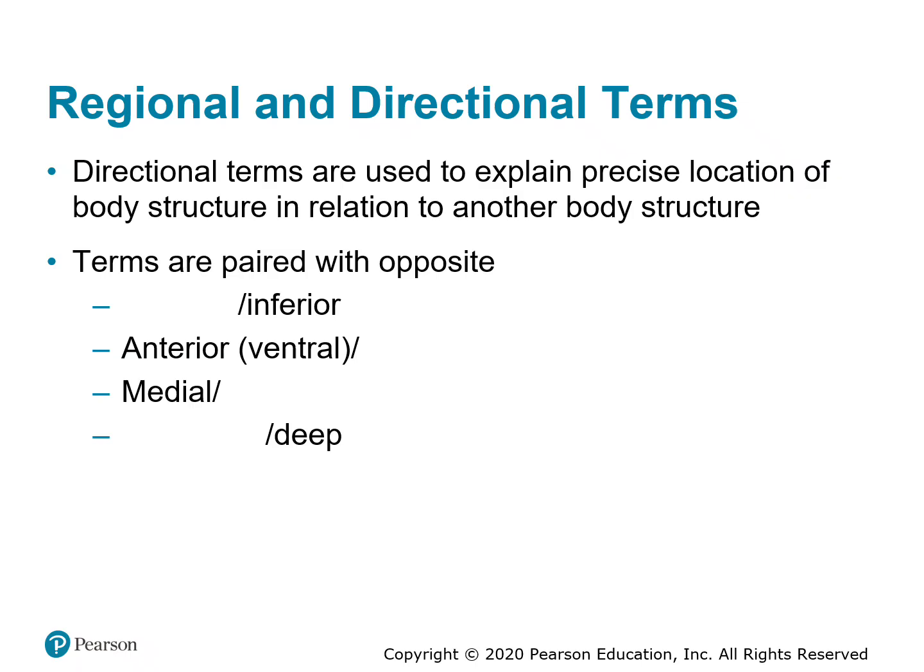Some of those directional terms we use to describe those precise locations are usually paired with a direct opposite. So the opposite of inferior would be superior, right? Superior is going to be that upper, higher.